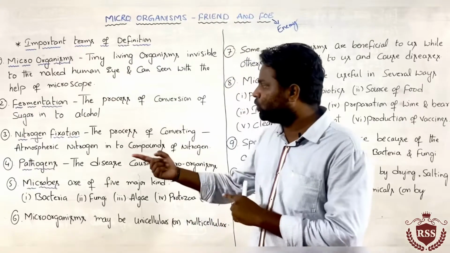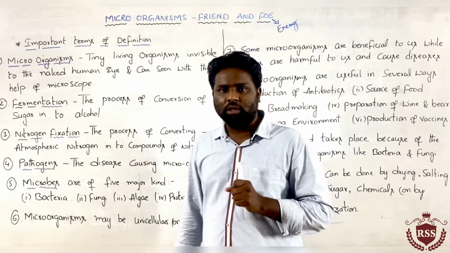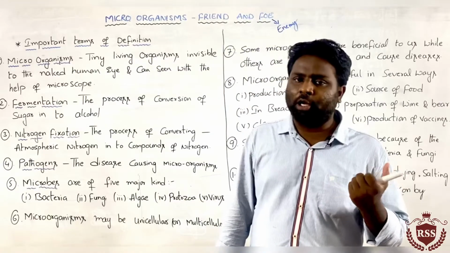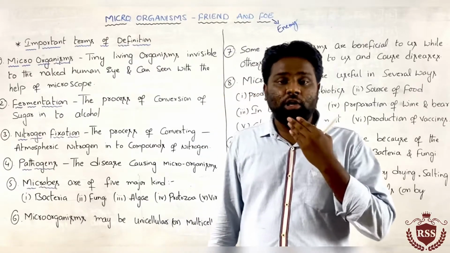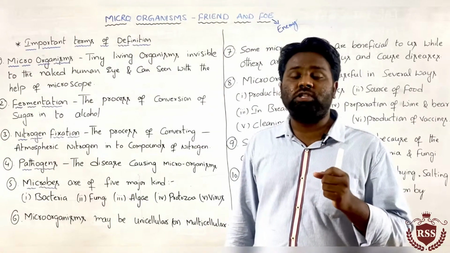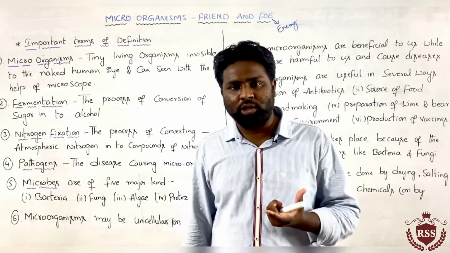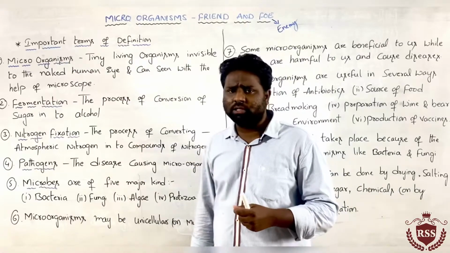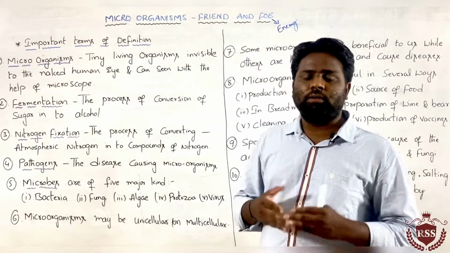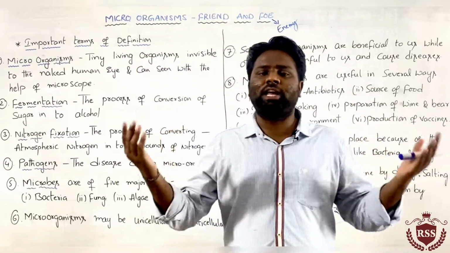Then coming to nitrogen fixation. You all know about nitrogen. In the chapter on plants, we also discussed that nitrogen is very useful for plants. It acts like a fertilizer to the plants. Normally, where is the nitrogen? Oxygen, nitrogen, carbon dioxide, all these are in the atmosphere.